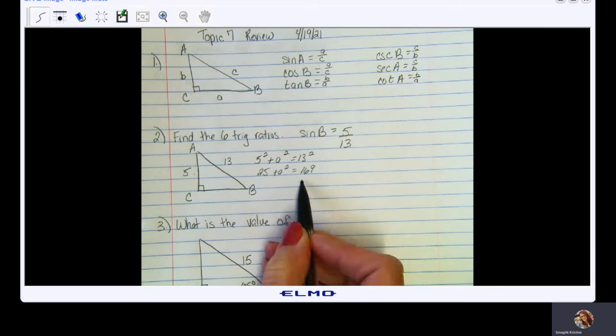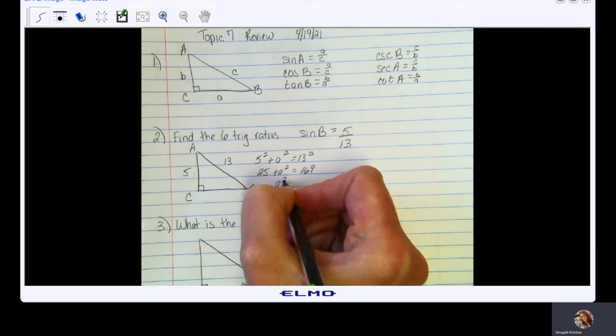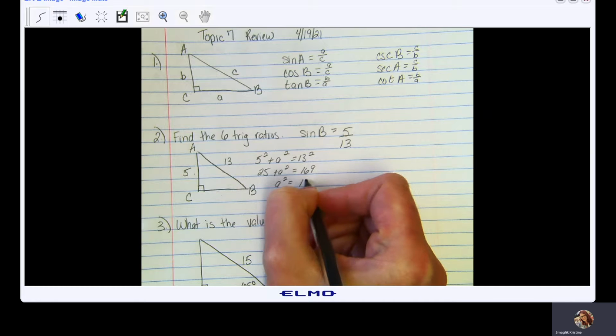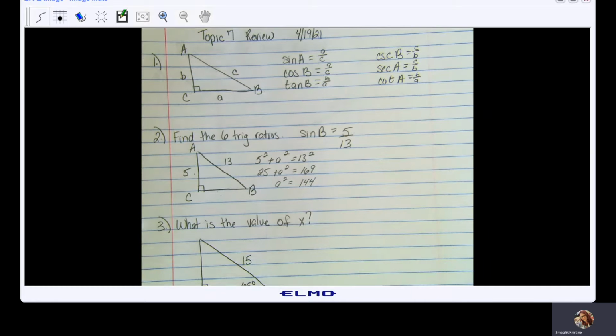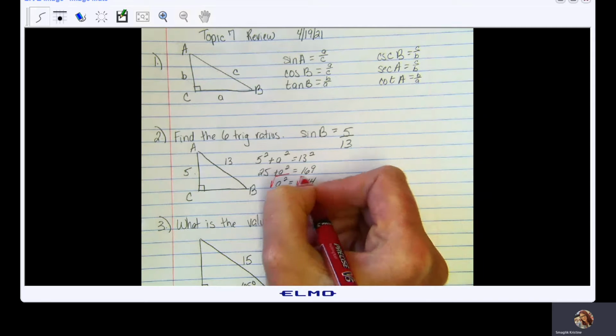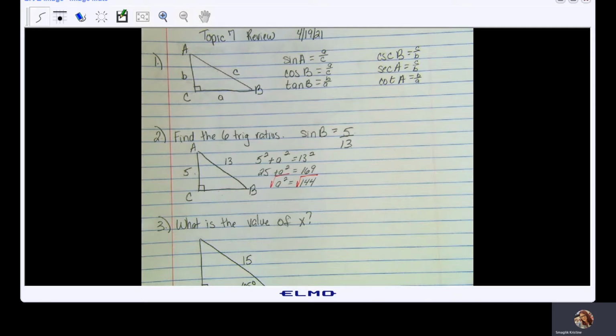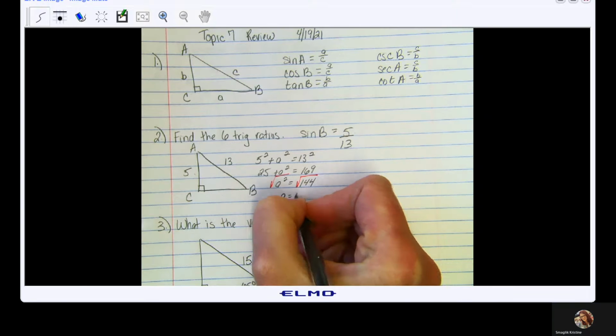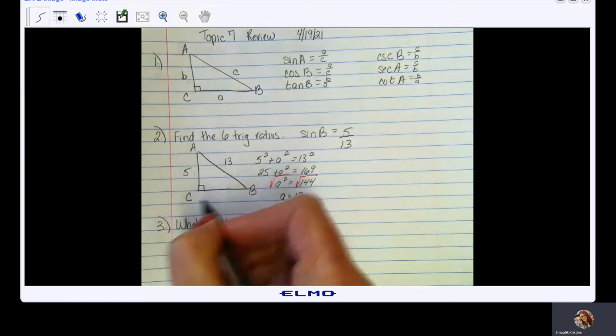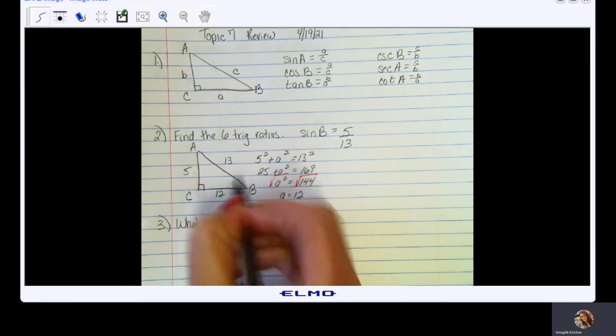I'm going to subtract 25 from both sides. A squared equals 144. And then if I take the square root of both sides, and I'm looking for the principal square root, only the positive because we're talking distance, A equals 12. So this measurement is 12.